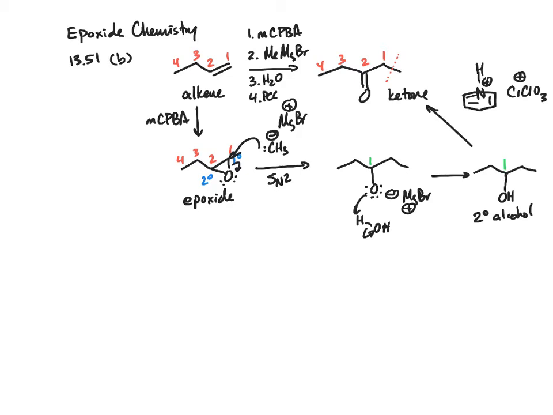Everything I just said in the forward direction is how you would think about it in the reverse direction, because it's hard to look at this and say, okay, I need mCPBA. You can think, okay, across these there can be an epoxide. That gets you back to something like this. And then you know from the SN2 chemistry that it will open at the least substituted carbon.